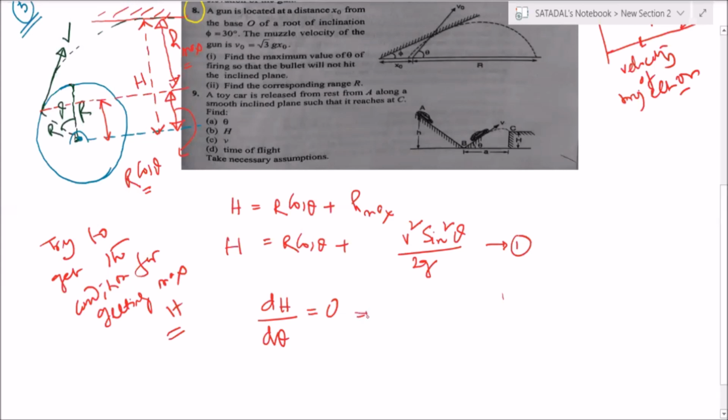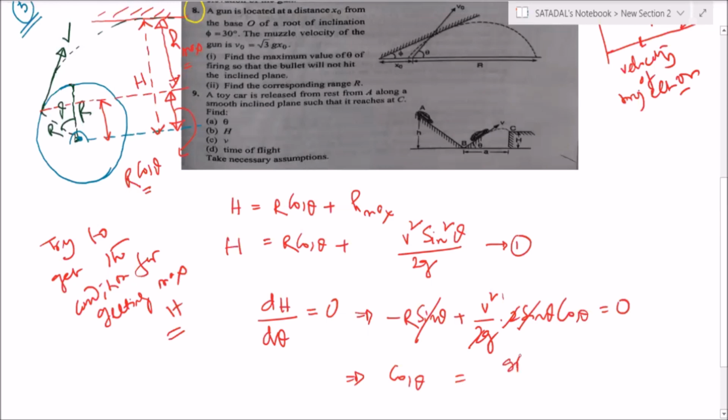So if it is 0, then differentiating will come minus r sin theta plus v square by 2g into 2 sin theta cos theta is equal to 0. This 2 cancels. Sin theta will be cancelled. So cos theta is coming to be gr by v square. So that is the value of cos theta for which capital H is maximum. Right?